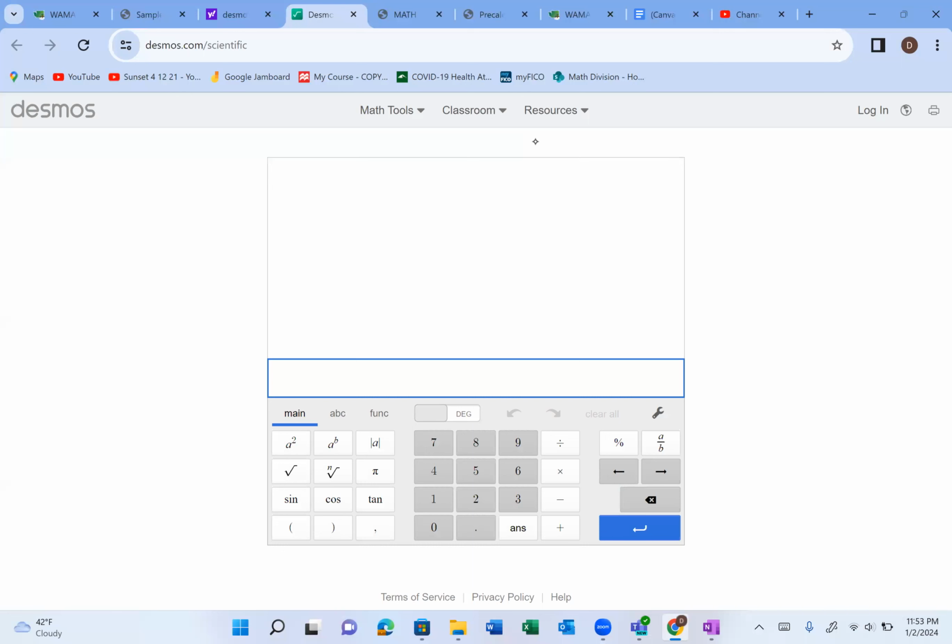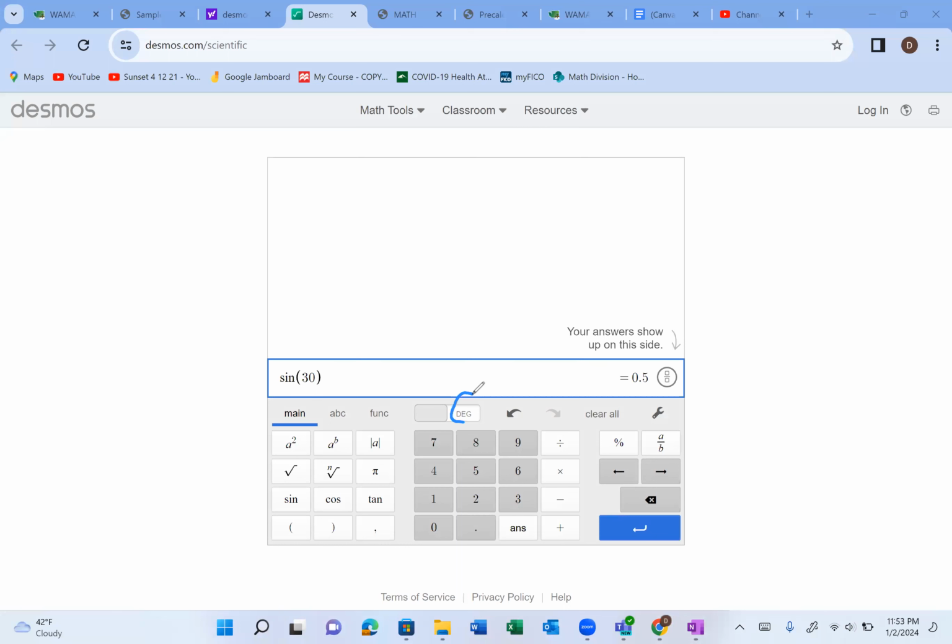There they are, sine, cosine, and tangent, down here in the bottom corner. And if you need the sine of 30 degrees, it is here in degree mode. When we're looking at that, we are in degree mode. Be sure to check the mode that you're in. It tells us that the sine of 30 degrees is a half, 0.5.